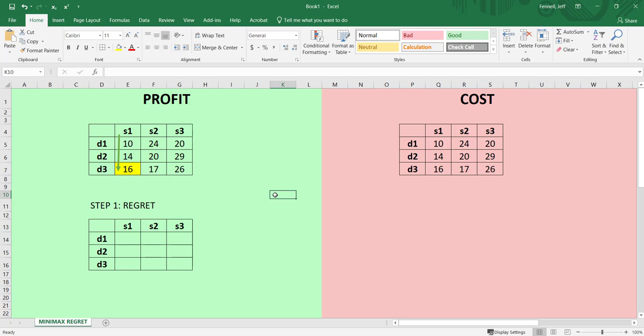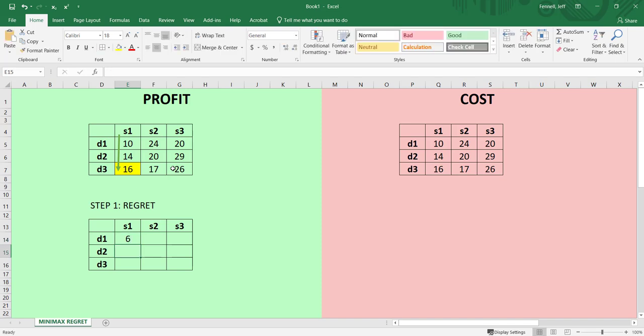So for each of the other payoffs associated with state of nature 1, we do a subtraction between the best possible option and that individual option. If I'm looking at a payoff of 10, we're looking for simply the absolute difference, no negative sign. The difference between 10 units and 16 units, if I do that subtraction, we end up with 6.